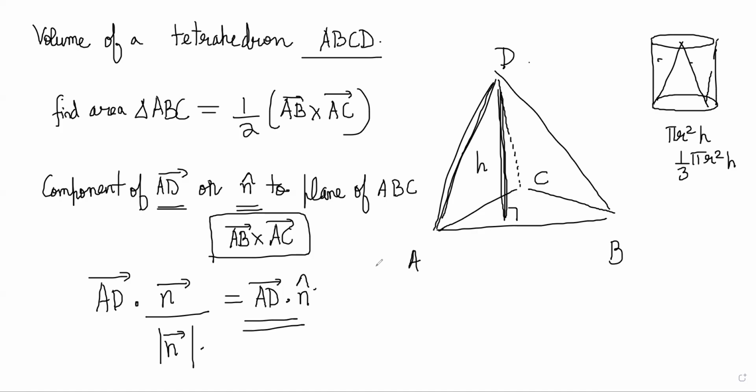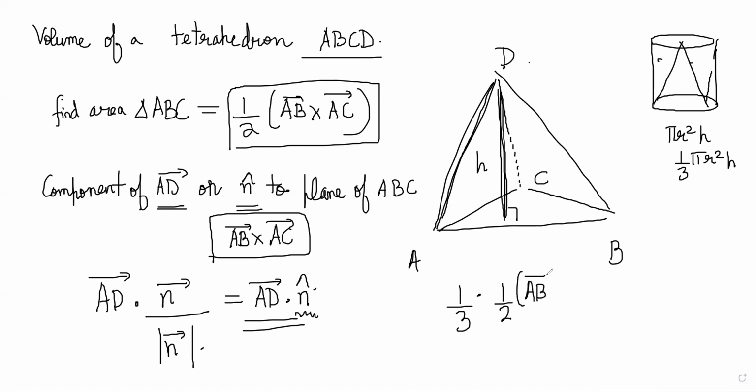Now, if you think about it, the unit vector in the direction of the normal is along AB cross AC itself, right? So what I have here is the magnitude of the area. The total volume will be 1 by 3 times 1 by 2 AB cross AC, the magnitude of this area, multiplied by AD vector in the direction of the normal, right?